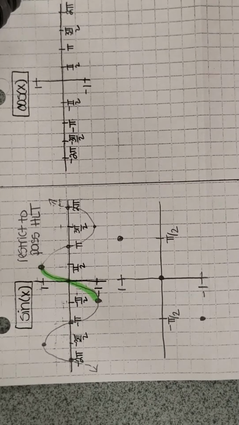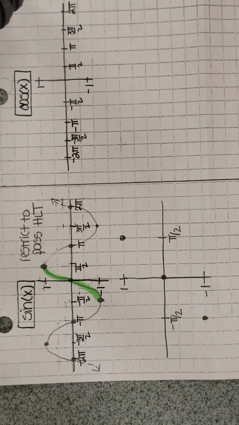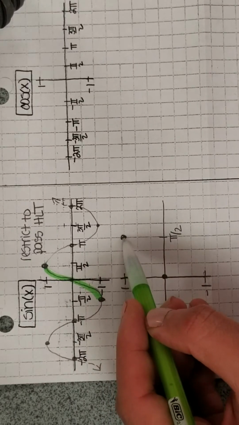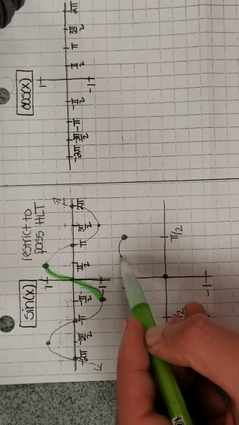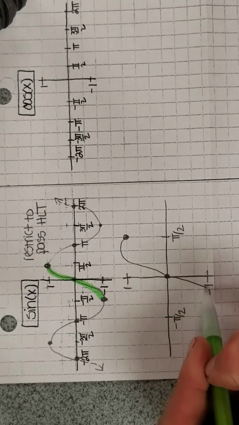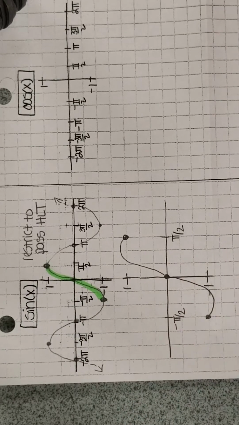When we draw this graph, we want to be super exaggerated with our curve. So what I mean by that is I'm going to go out of my way to really make sure that when I sketch this right now, it's super curvy. And we can label these points.